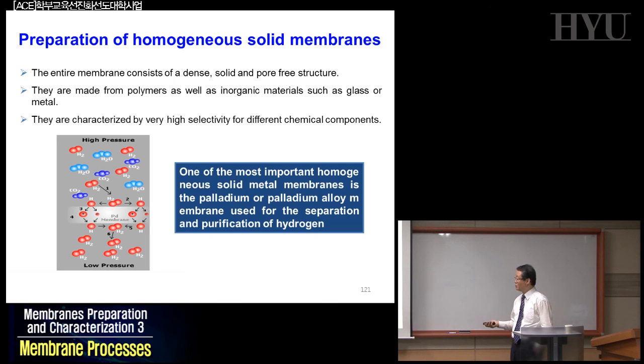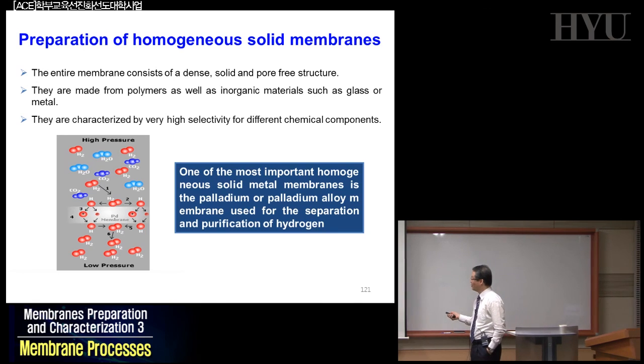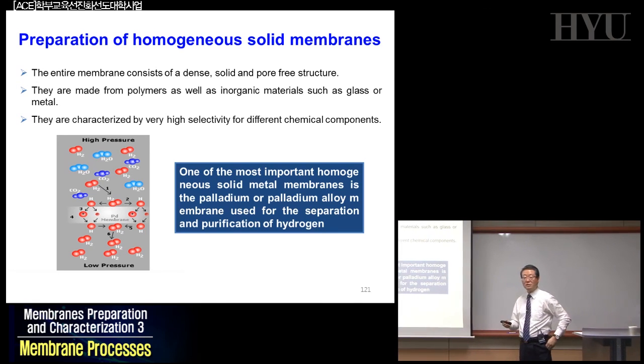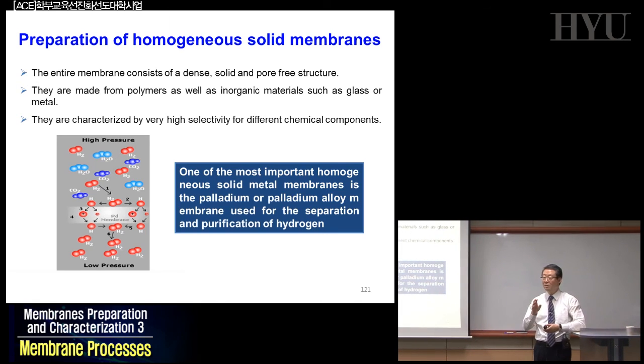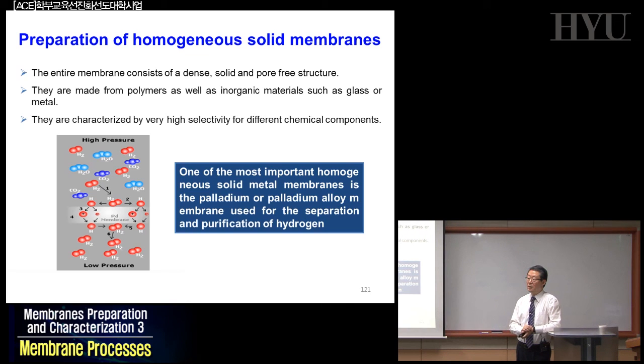They try to reduce the cost of palladium by blending with other metals. Now, the second metal or third metal is very important, so they are still reporting, particularly in JMS, at least maybe 10 per year about this metal membrane, which is assigned to me, so I'm handling this.